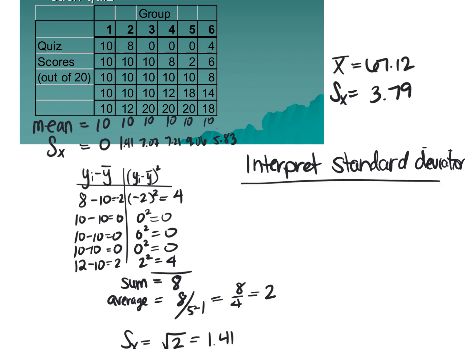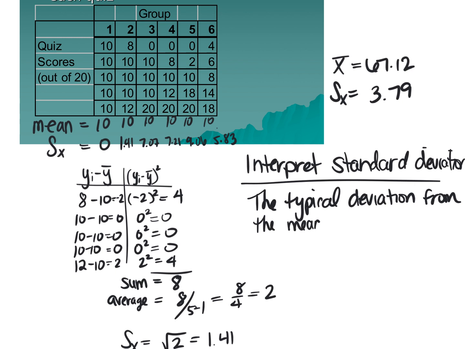So we say the typical deviation from the mean is 3.79 inches for this choir.